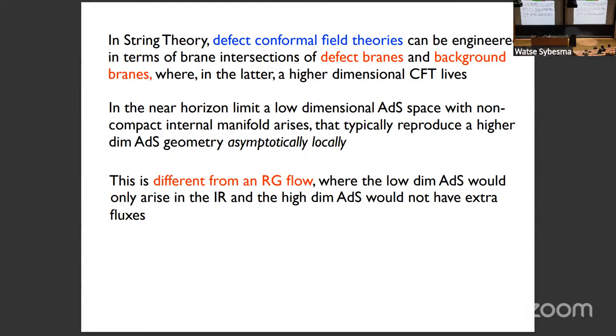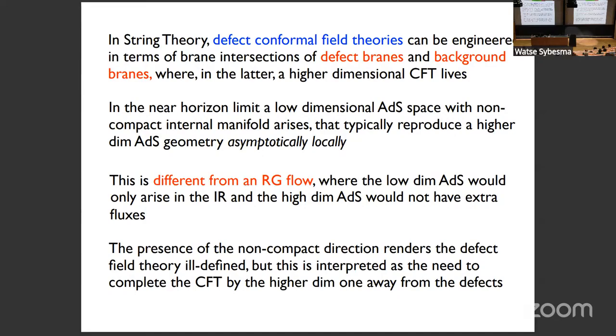In the middle, you don't have an AdS geometry. Here, we are going to discuss AdS geometries with a non-compact internal direction, which are AdS all the time, and only asymptotically in the UV will give rise to a higher dimensional AdS space. Okay, this is not an RG flow.